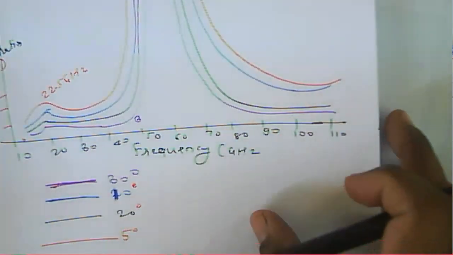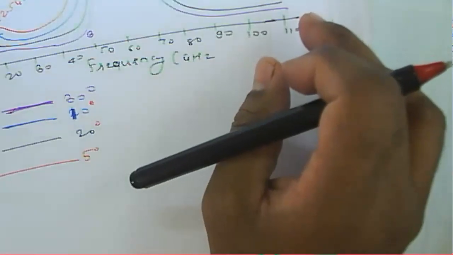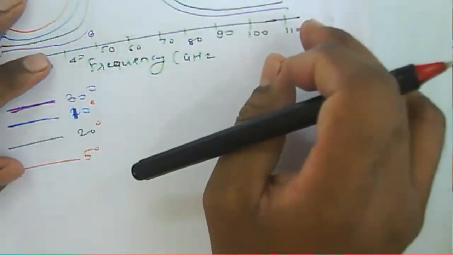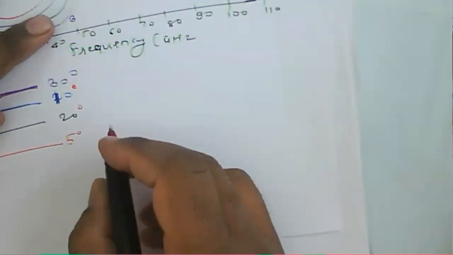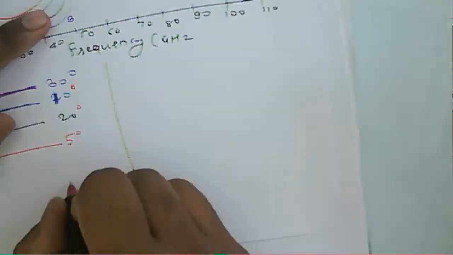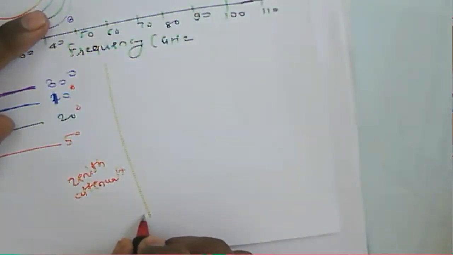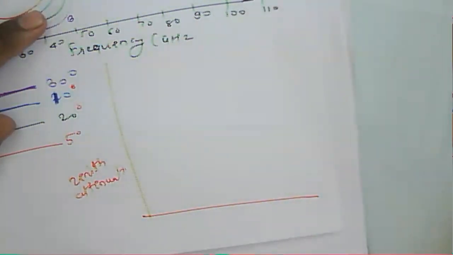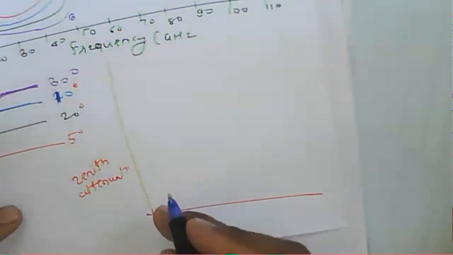So we consider the zenith atmospheric attenuation based on dry air and water vapor with a density of 7.5 grams per meter cube. We consider the zenith attenuation at this particular place, and we consider what particular values this attenuation takes.